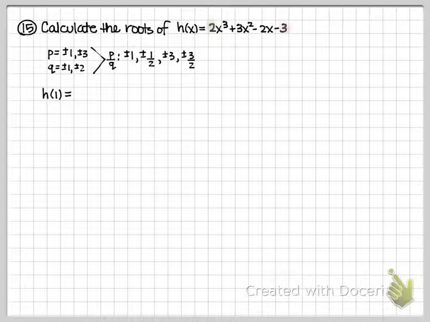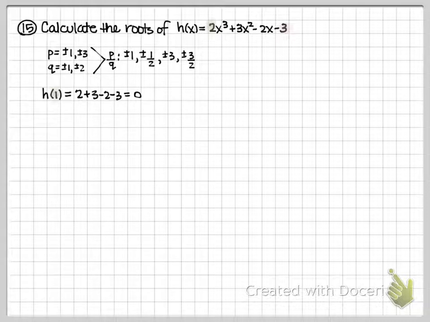If we go ahead and plug it in, I will get 2 plus 3 minus 2 minus 3. And this one works out, which is really kind of nice. I do typically like to check positive and negative 1 first, so I like to check the integers. Then I'll go back and check the fractions if I absolutely have to.